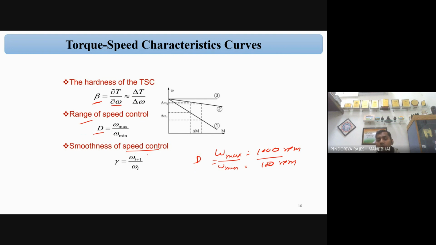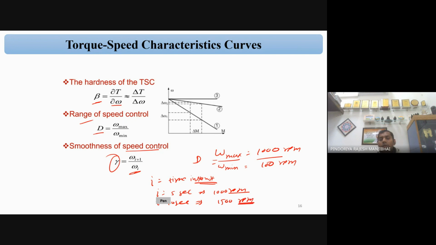And the smoothness of the speed control is represented by gamma. What does gamma say? Gamma is omega i plus 1 divided by omega i. And what is the meaning of i? i indicates the time instant. Suppose i equal to 5 seconds, your speed is 1000 rpm; suppose i equal to 10 seconds, your speed is 1500 rpm.